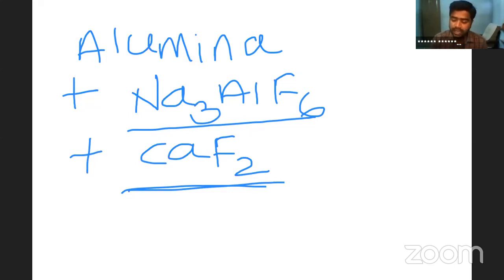The main point is that to this alumina we are adding the cryolite.